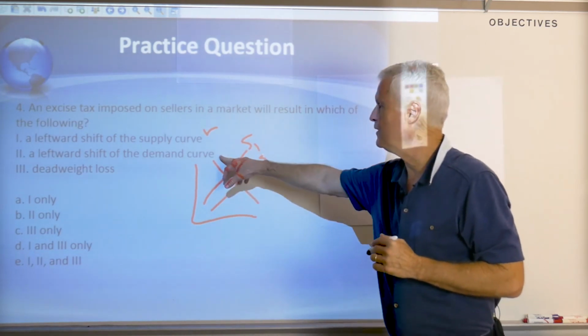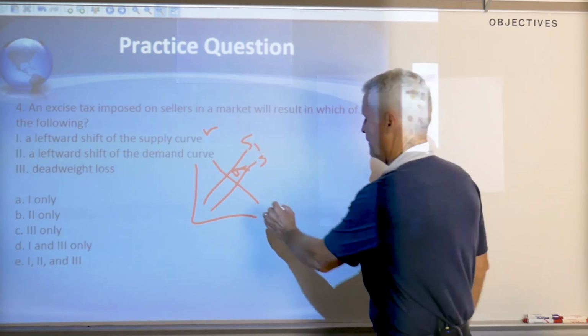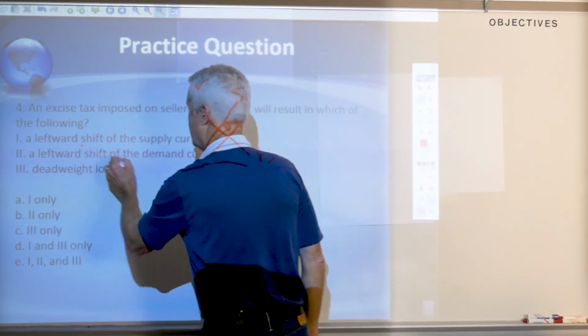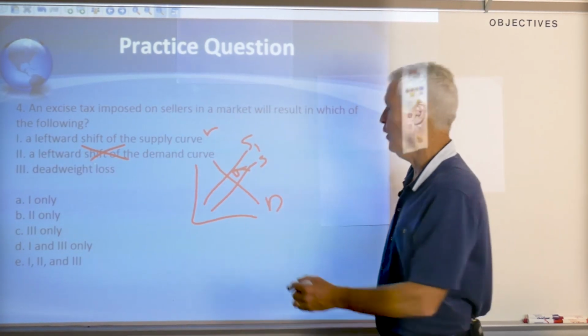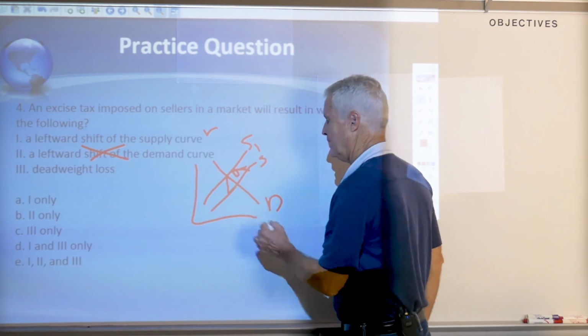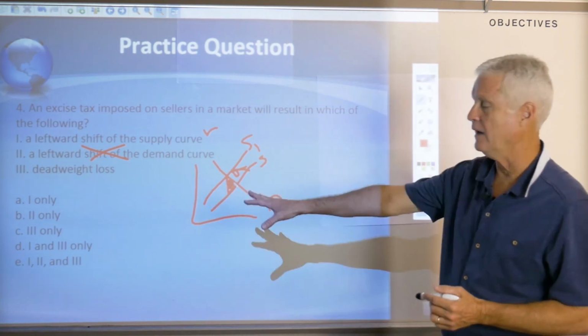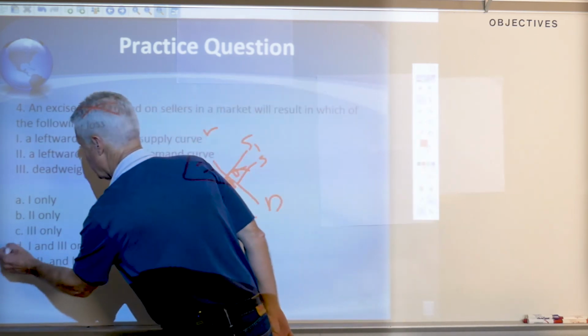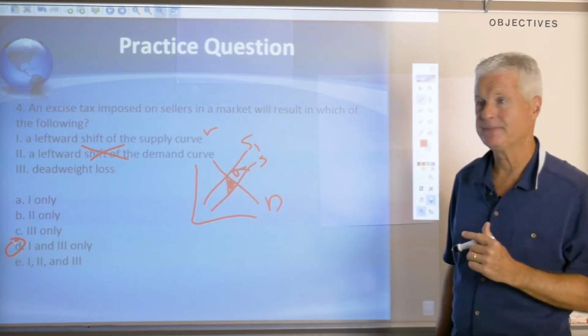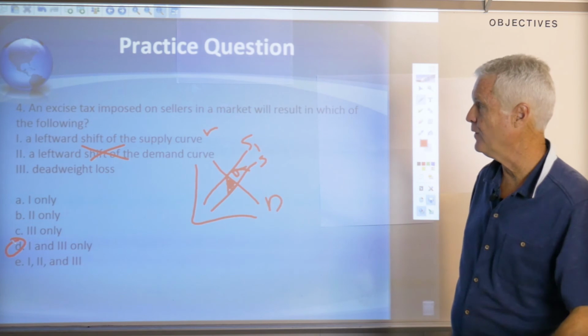Okay, a leftward shift of the demand curve? Now the demand curve is still right there, so no. Deadweight loss? Oh, yeah. Where's deadweight loss? It's right there. That's deadweight loss. 1 and 3, and lucky for us, D's an option. Okay? Moving on.